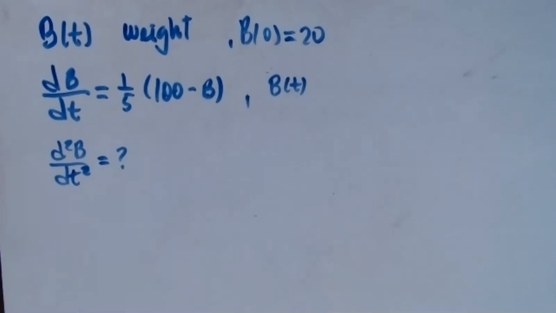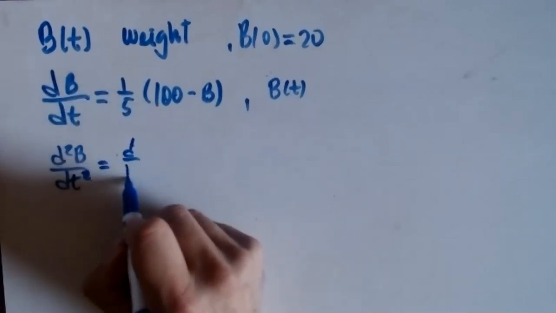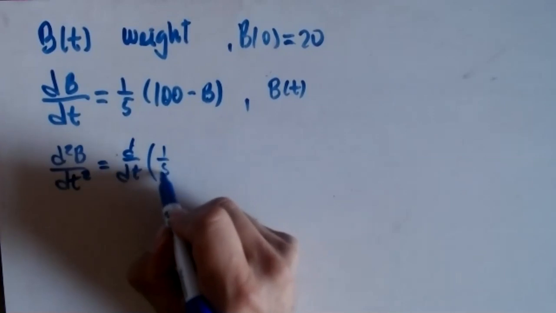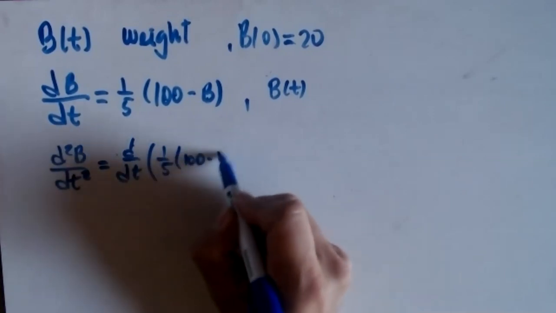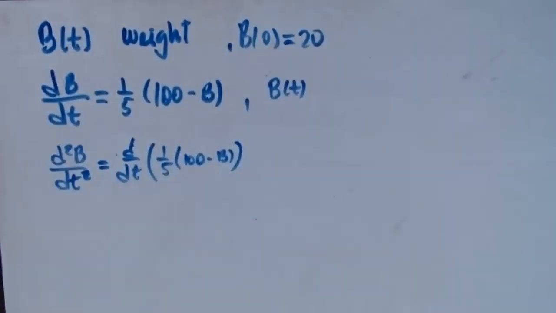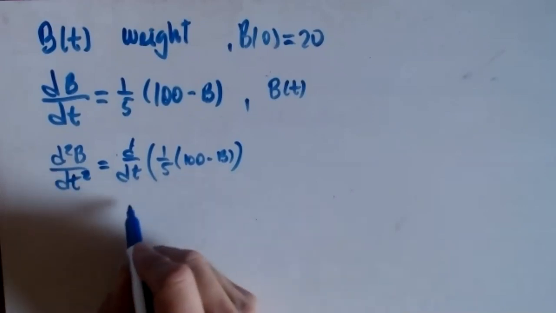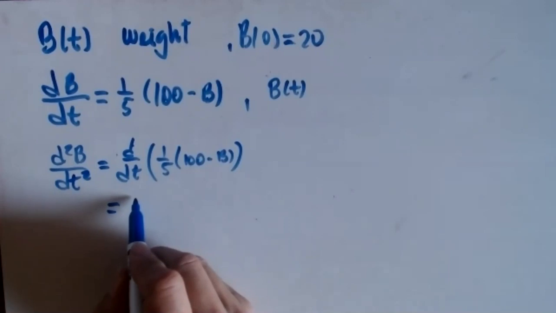How do you get the second derivative? Okay, let's do this one. db/dt is 1/5 (100 minus b). This is what I have to differentiate. So how much is this one?